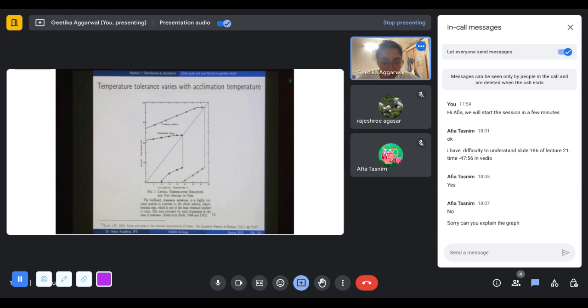So this is the bullhead and this is the chum salmon, right? Which is one of the least resistant studied to date. So it's basically saying that the bullhead is able to tolerate higher temperatures, and that is why the lethal temperatures for that species are also high.